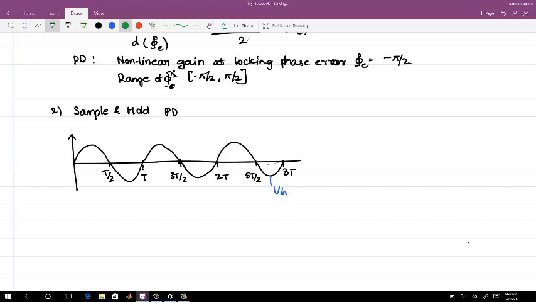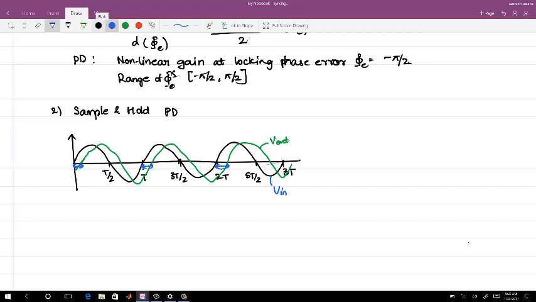So let me say V out is this way. What you can say for sure is that this delta is going to be the same for the two shifts. That is the phase error.